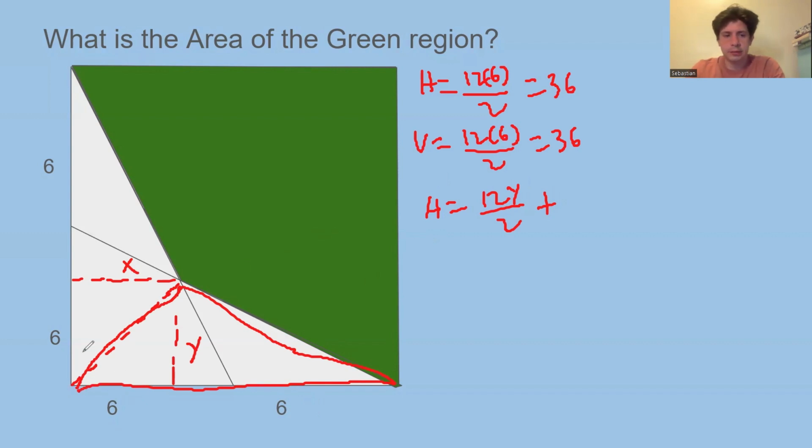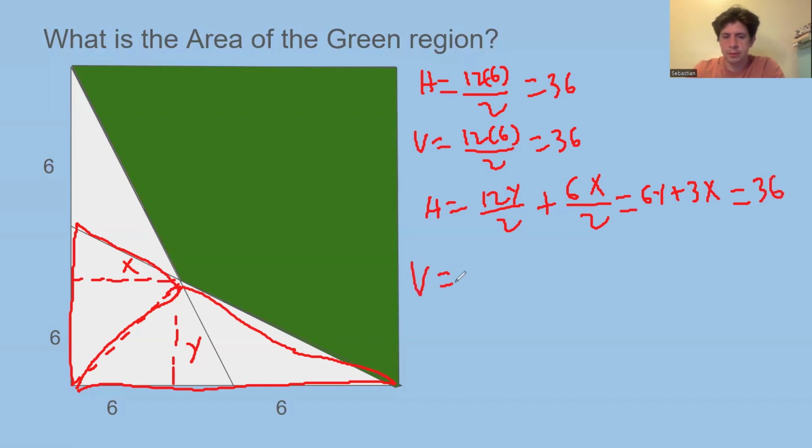And then the other one is going to be this one here, which will be 6 times X over 2. That gets us 6Y plus 3X equals 36, because that's what the horizontal was.